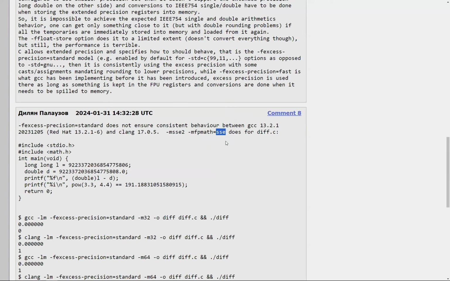But what's the difference between using SSE and not specifying anything? The difference is that SSE1 does not have support for all of the floating point math operations you might want to do.